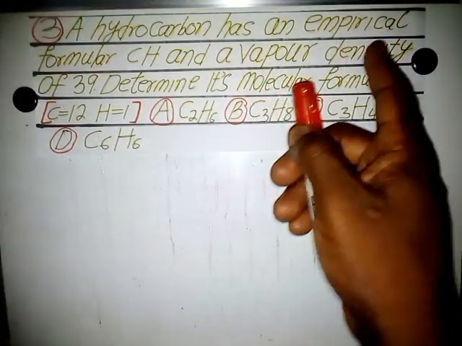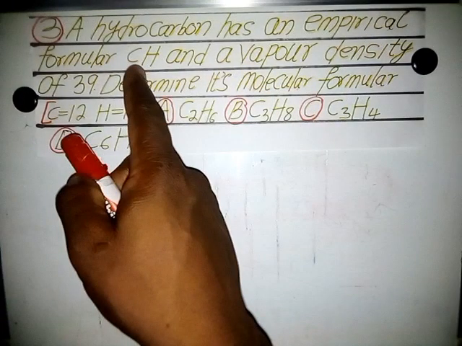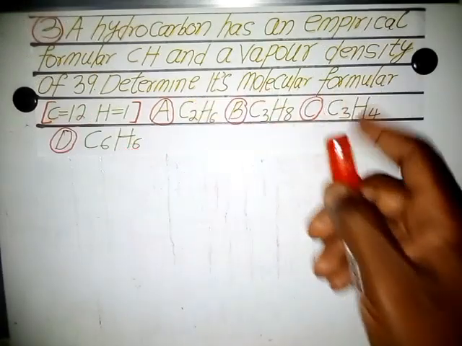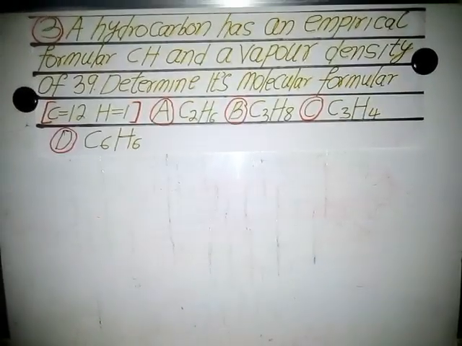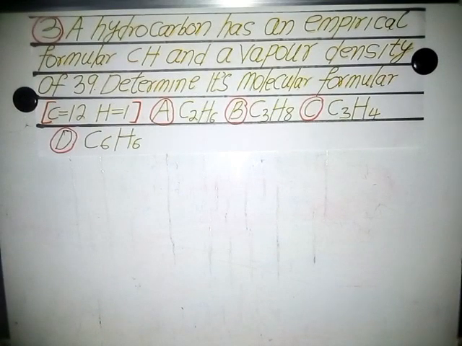The compound has an empirical formula CH and a vapor density of 39. That means we are looking for the molecular formula. In order to find the molecular formula, you use the empirical formula.